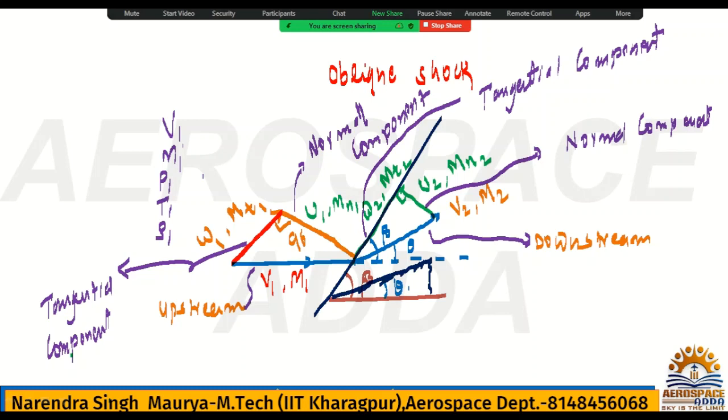These are the upstream values, and these are the downstream values, which are V2, M2, E2. This is the oblique shock wave.